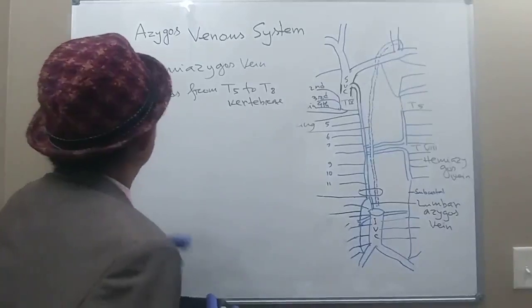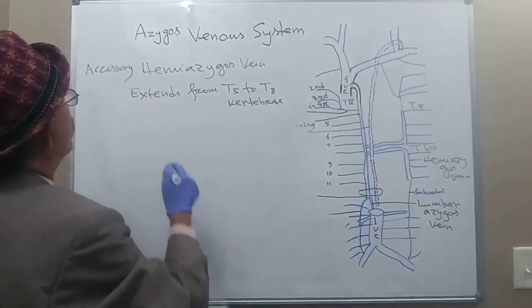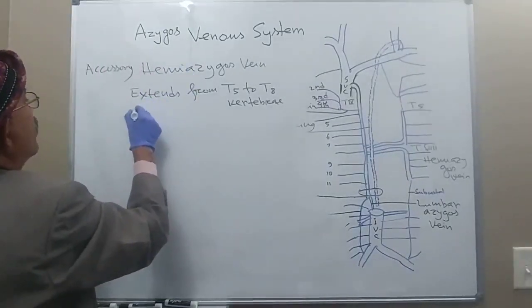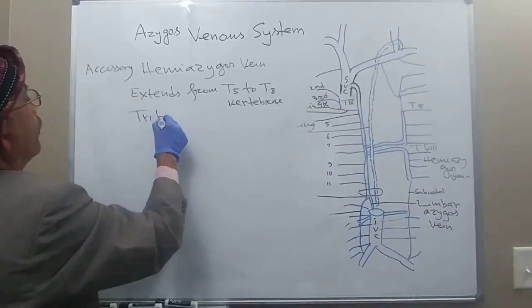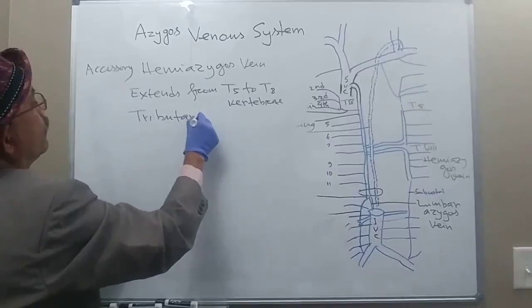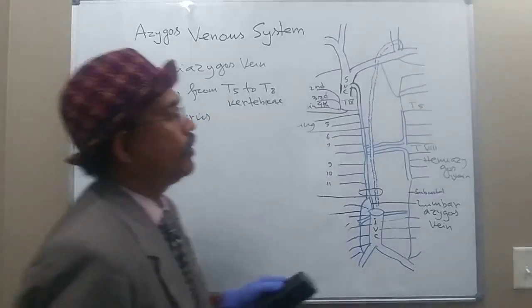So what are the tributaries of the accessory hemiazygos vein?